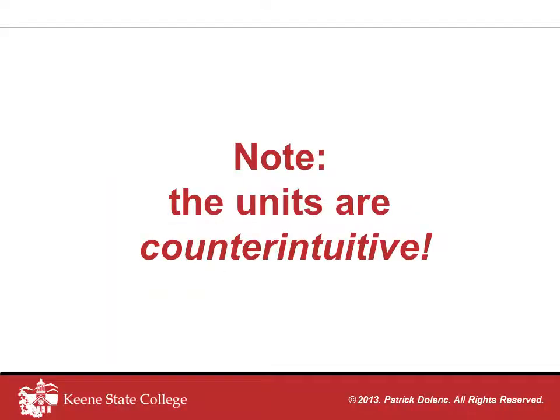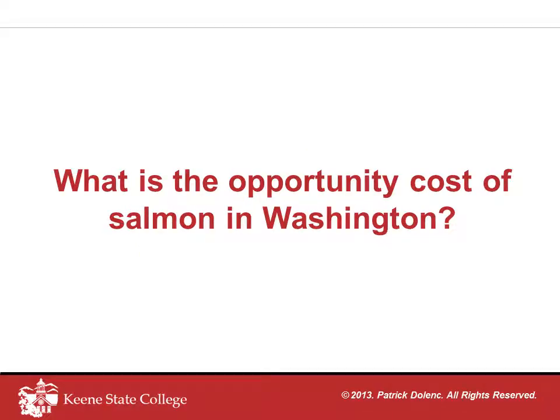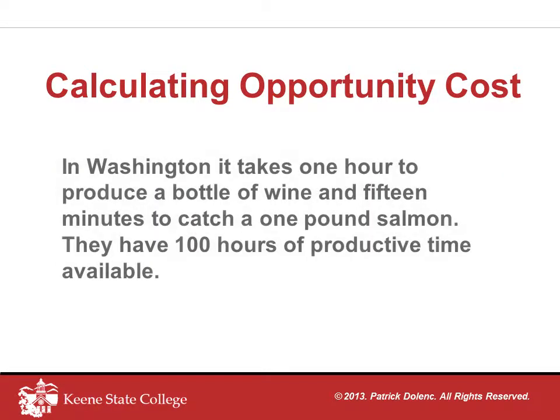The next question is to find the opportunity cost of salmon in the state of Washington. If we revisit the productivity information, once again focusing on the hour that it takes to produce a bottle of wine and the 15 minutes that it takes to catch a salmon, and then think about the sacrifice involved when we choose to fish. Each additional fish requires 15 minutes of our time.